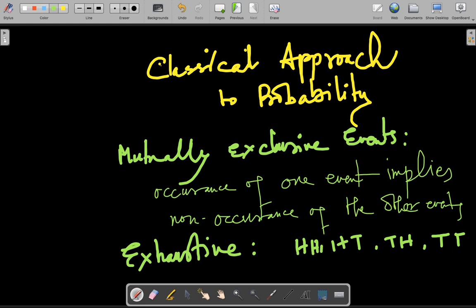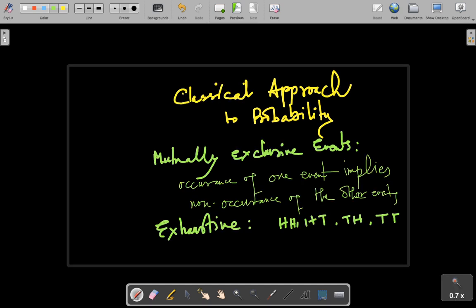Okay, and then we will use another term, and that is called equally likely. The term is quite self-explanatory. It means equiprobable. All the outcomes of a random experiment are equiprobable, so they have equal chance of occurring.